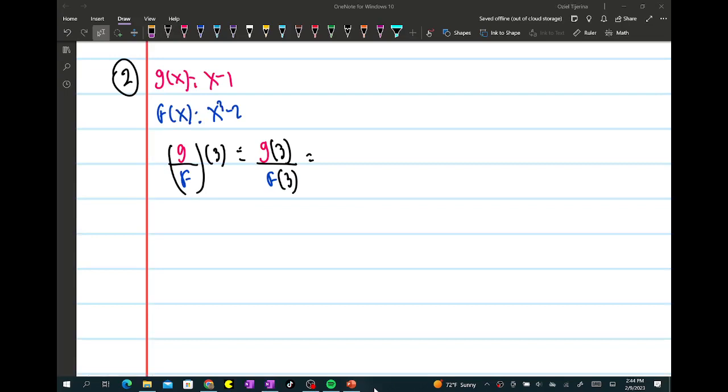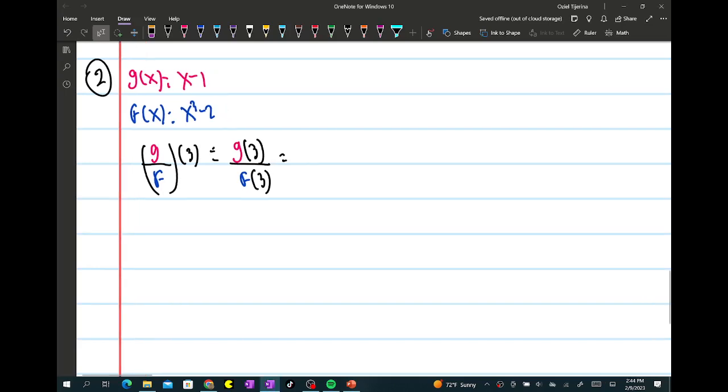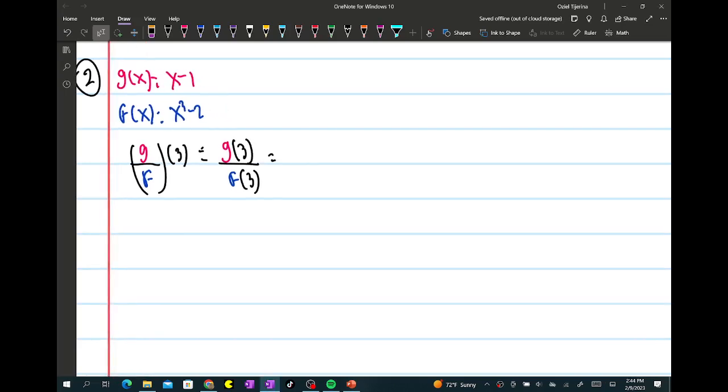Okay, so this is the second one. We have basically the same functions, and now we're finding g over f of 3, right? So basically we're going to evaluate g of 3 and then f of 3.